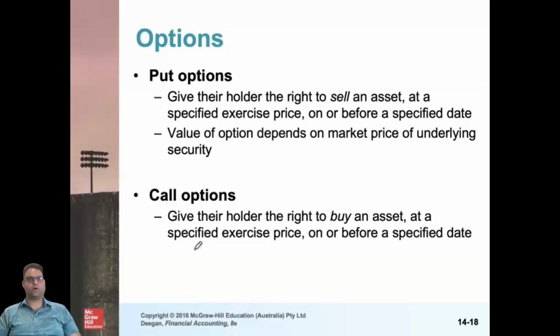Whereas a call option is the opposite. A call option means the person has the right to buy that asset. So the holder of the call option is normally the buyer, and the writer will be the seller. So these are the few small definitions available in this options section.